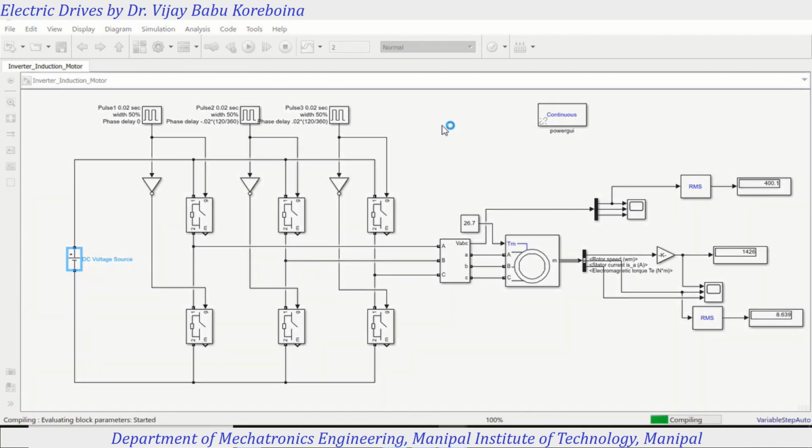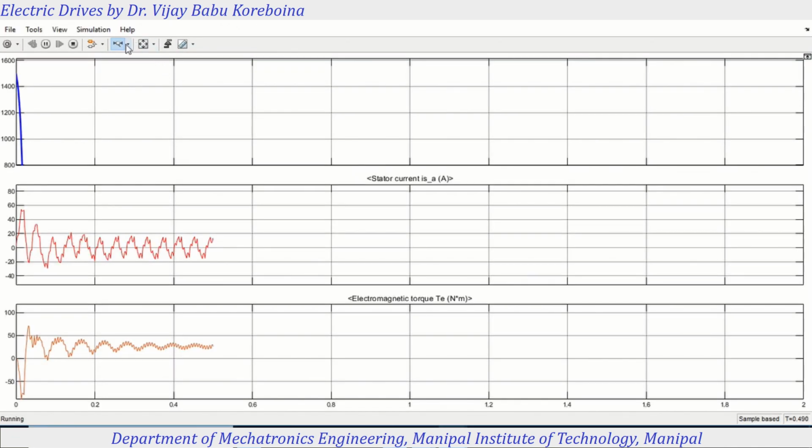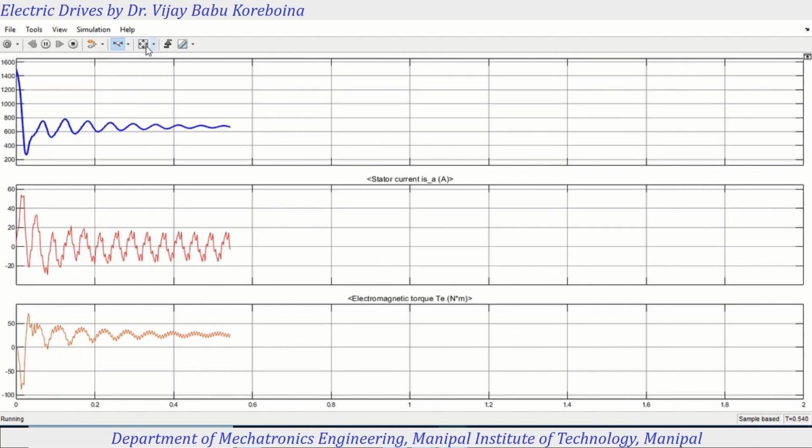Now let us look at this. We can find, as in the circuit, it will go to a steady state value.